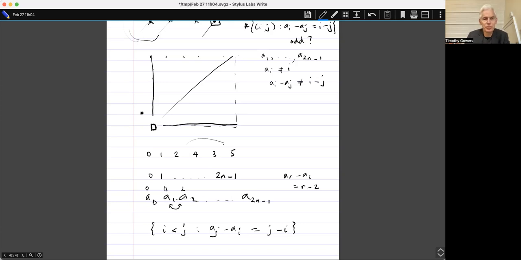So I wonder whether if I were to look at the black squares and the white squares of my 2n by 2n chessboard, that would for some reason be helpful.